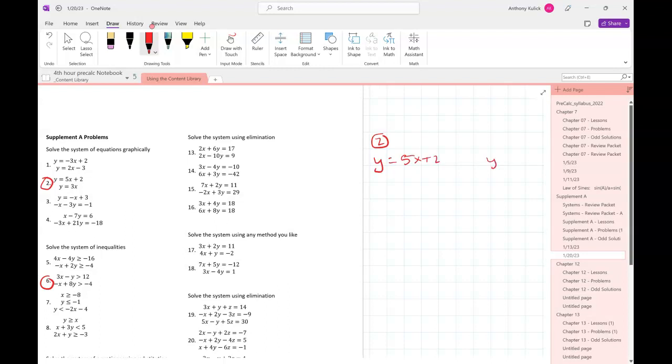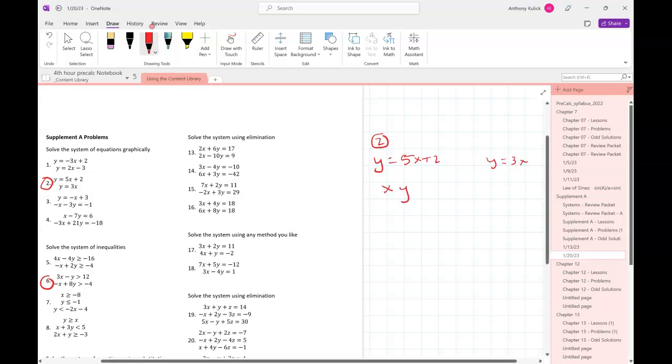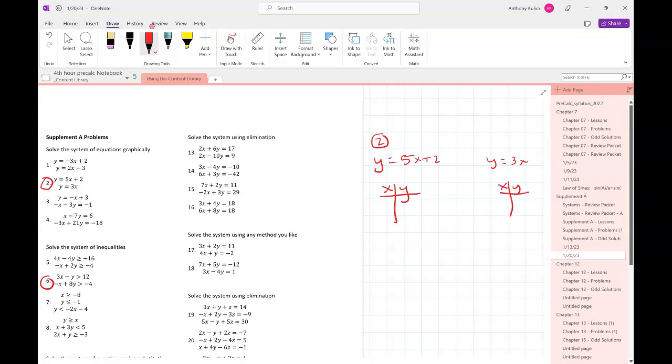Okay, so if we're going to solve a system of equations by graphing, I'm just going to create an XY table for each of the 2 equations. I'm going to plot these things on the XY axis and look for the intersection, right? To plot an equation for a line, how many points do I need? 2.